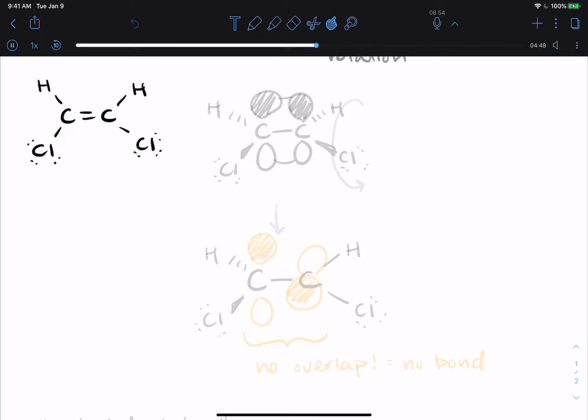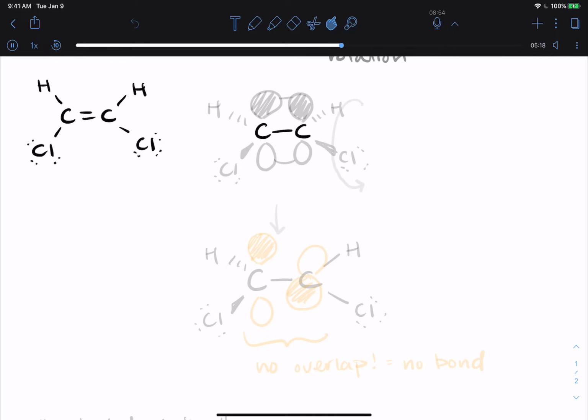So if I take this picture, now my single bond is still going to be that pointed overlap, except now I have steric number of 3, so I have sp2s pointed at each other to make that single bond. My double bond is the one that is really important here. So it's the pi component of that double bond. So I'm going to draw my molecule picture rotated.